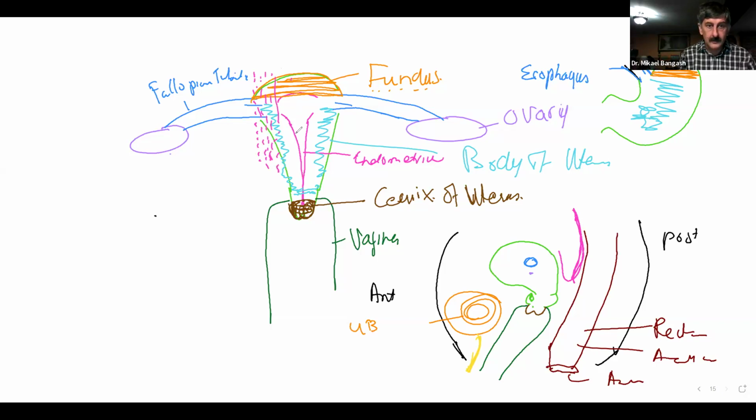So it goes on like this, but then it makes a U-turn to run up against the posterior side of the uterus.